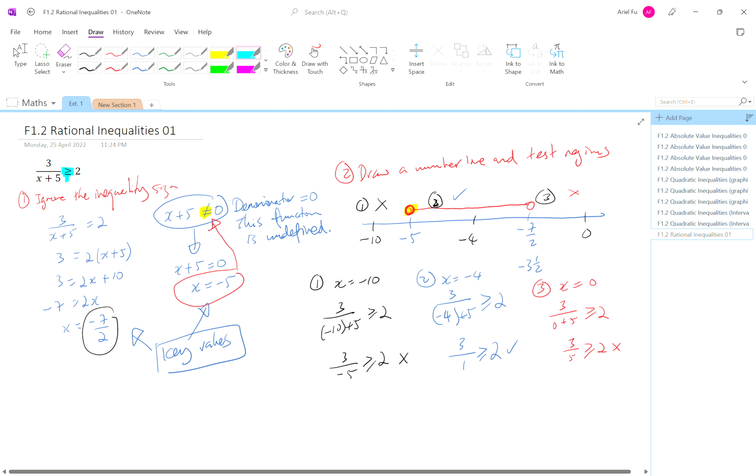Because the inequality sign is inclusive, we're going to make this value a closed circle. So what does that mean? The answer to this is x is in between negative 5 and negative 7 over 2, inclusive of this one, not inclusive of the other one.